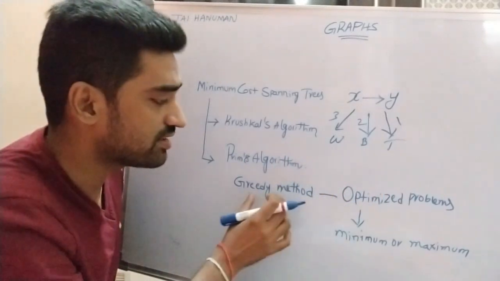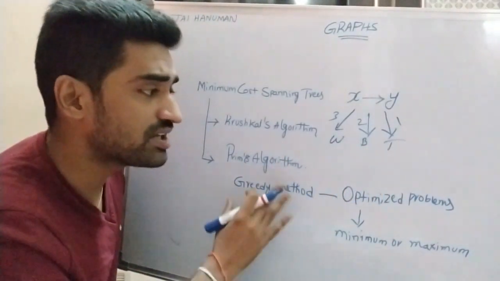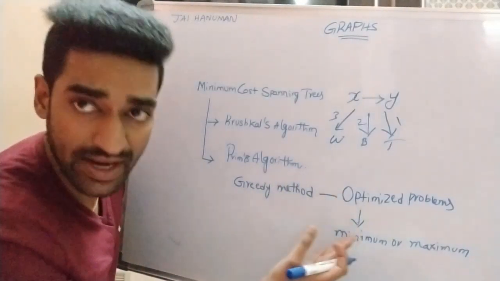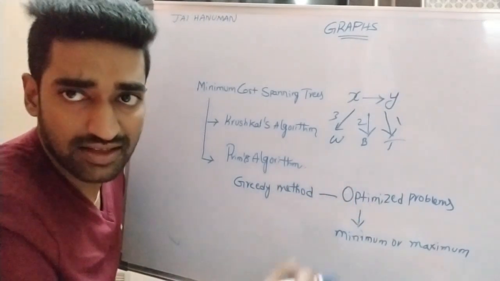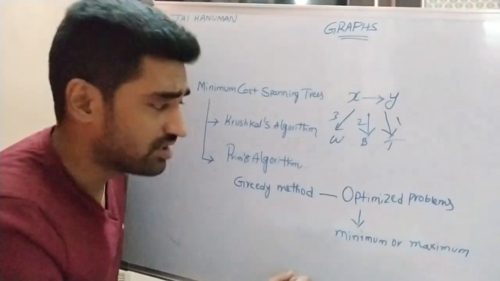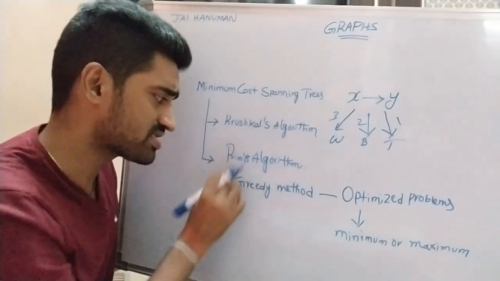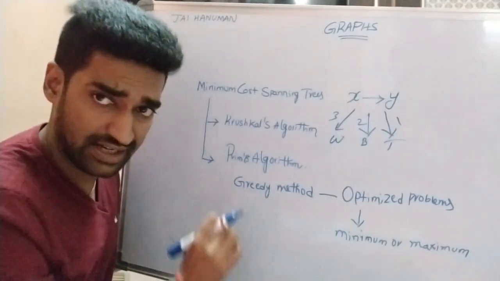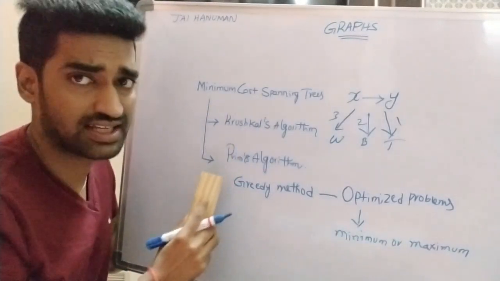Simply, the greedy method is a problem solving technique which solves optimized problems. Finally, it provides the solution, that is, the minimum solution or the maximum solution. Here Kruskal's algorithm and Prim's algorithm both come under the greedy method. Then we are discussing Kruskal's algorithm.